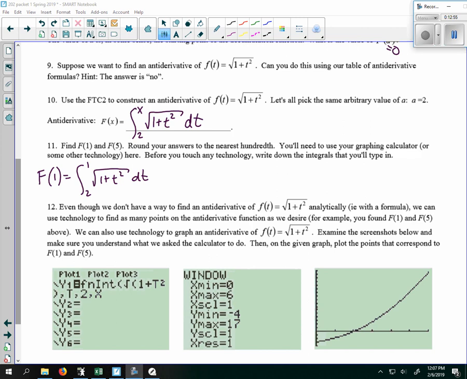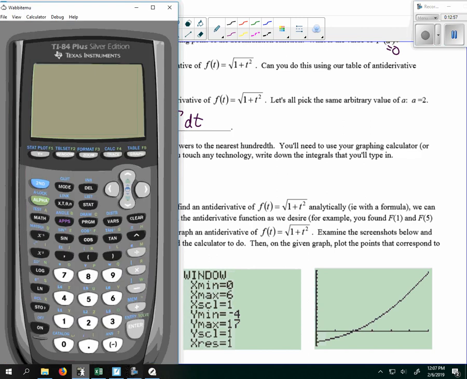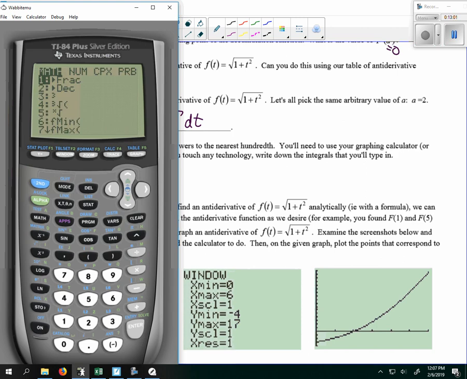To have our calculator evaluate this, you go into the math menu, choose option 9, which is function integration, fnint, and we type in the bounds, which are 2 and 1. Our function to integrate is the square root of 1 plus t squared dt.